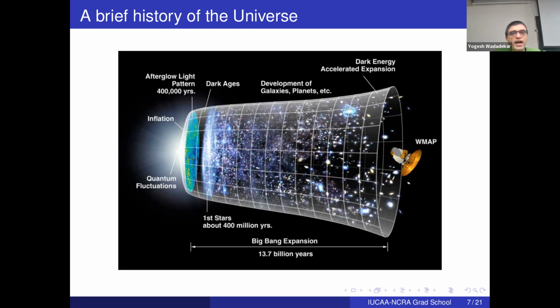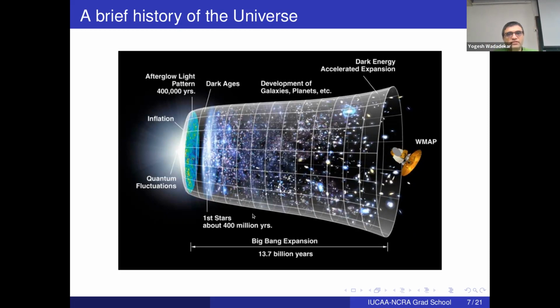And then you had what are called the dark ages. During the dark ages, nothing much happened visibly. But of course, the hydrogen was collecting together under its own gravity, and the gravity of the dark matter halos, which were also forming at that time. Eventually, a stage was reached where densities, pressures, temperatures, etc., were suitable for nuclear fusion to start, and the first stars were formed.